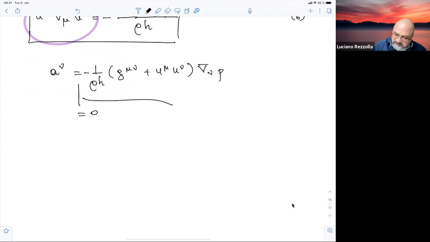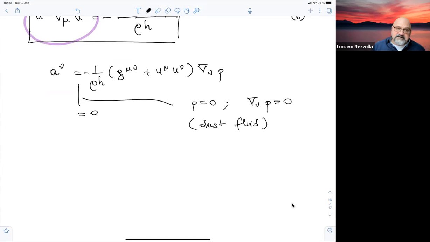So there is no acceleration if p is equal to 0, or if the gradient of the pressure is equal to 0. Think about what is called a dust fluid. A dust fluid is a fluid where each fluid element moves along geodesics. And why is it geodesics? Well, no more than an hour ago, we've seen that a fluid line with 0 acceleration is a geodesic.